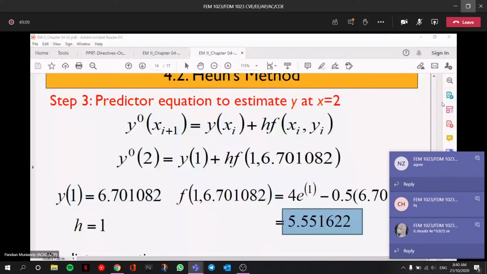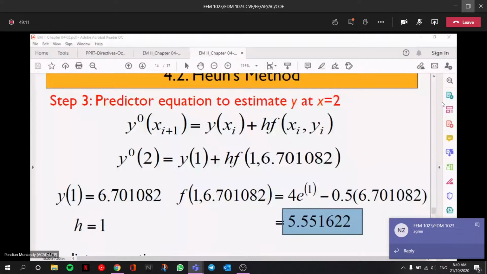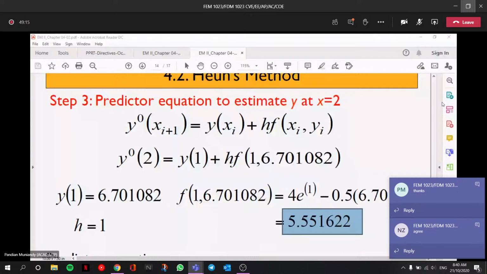Agreed? Okay, good. The answer is good. It was a typo error, a printing error. All right, now we proceed.